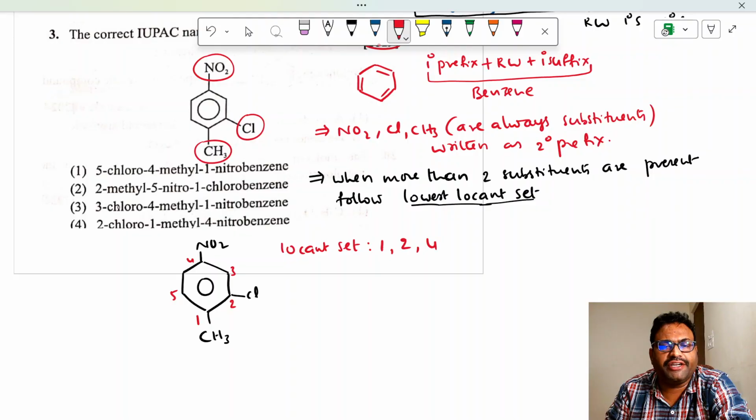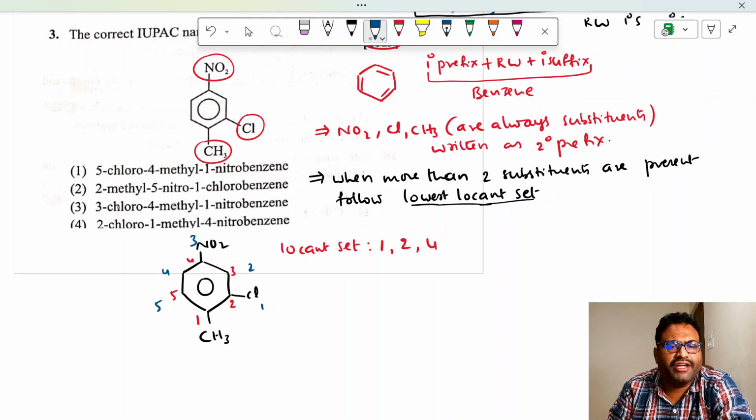In another way if you write, this is 1, 2, 3, 4, 5, 6. Another locant set. In this way, we can write different locant sets. After writing the locant sets, 1, 3, 6.